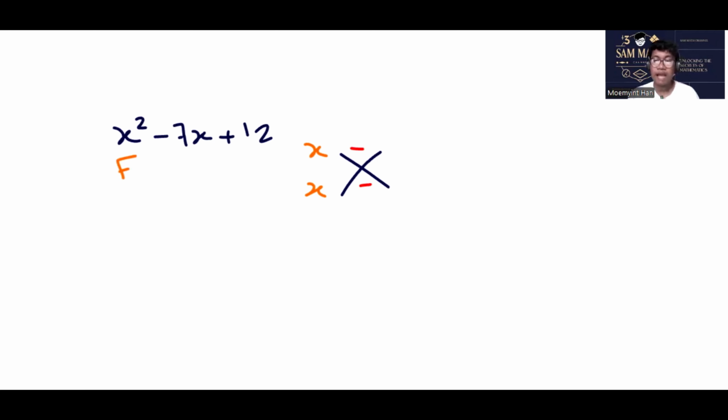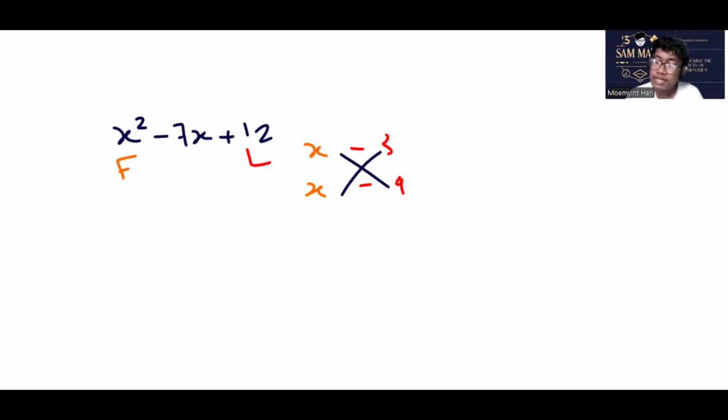So two negative signs, 12 can use 5 times 2 is 10. Sorry, 5 times 2 is, what about 3 times 4? 3 times 4 is 12, right? And minus 3 minus 4 will become 7. So I feel like this is working. This is 3 plus 4.